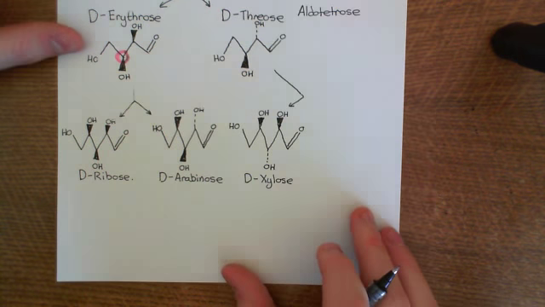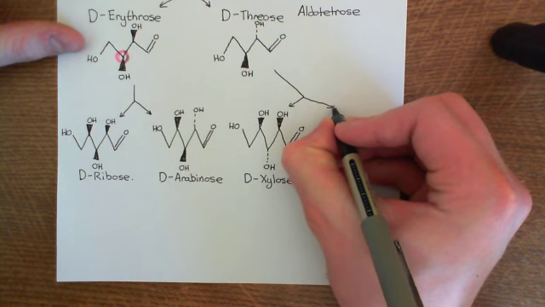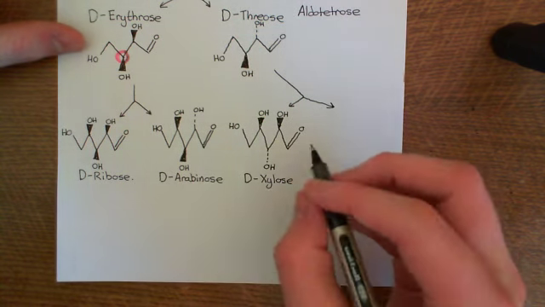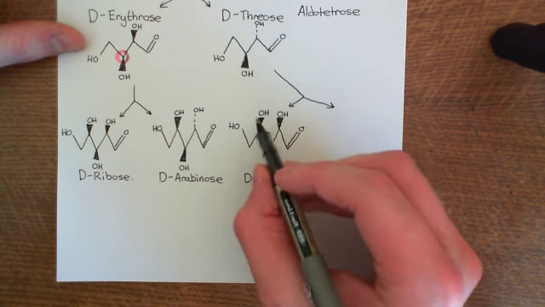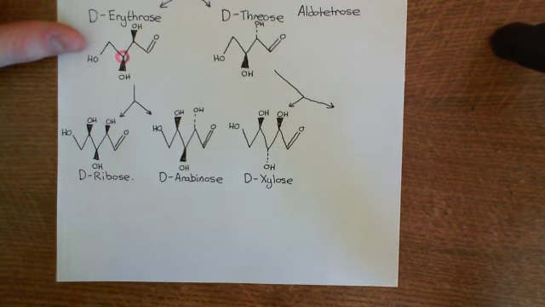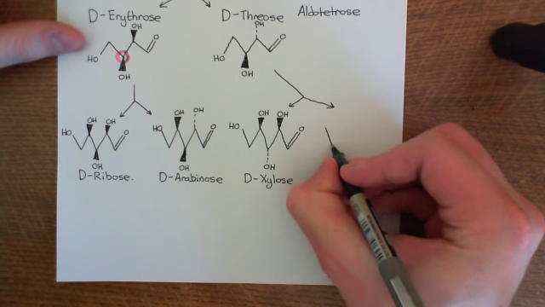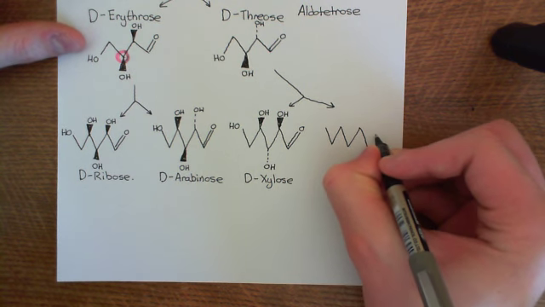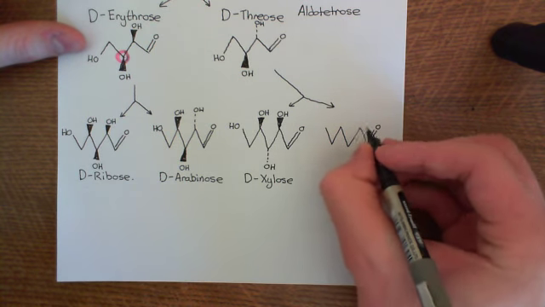Right, so there's one final one that we can make, which is a D-aldopentose. Of course, there are 4 other ones that we can make, which are the L-aldopentoses, where we swap this alcohol group from coming out of the page towards us for it going away from us into the page. Okay, but we're not going to draw all those. Right, so we'll draw the final molecule here, like so, with its aldehyde group there.